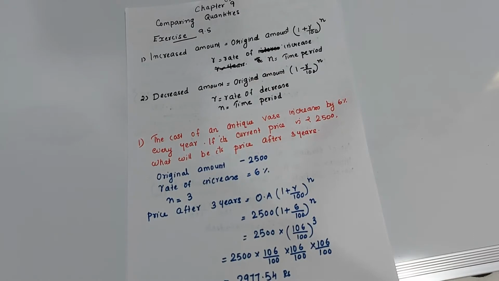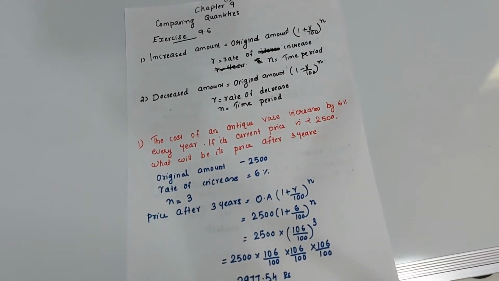So here we will use the first formula, increased amount equal to original amount into 1 plus r by 100 whole power n. Here r, that means rate of increase, is 6% and number of years n equal to 3 and original amount is equal to 2500.